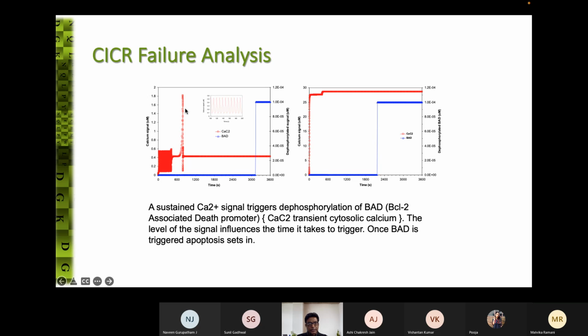The oscillation is there, and after some time it dies out, and this has no effect on that. But if you had, ahead of time, a very high concentration of calcium in the cytoplasm, then it shows you that the error levels are the same here.